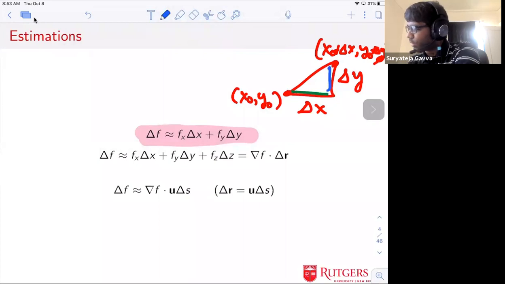The change as you move along x is fx delta x, and the change along the y-axis gives you fy delta y.